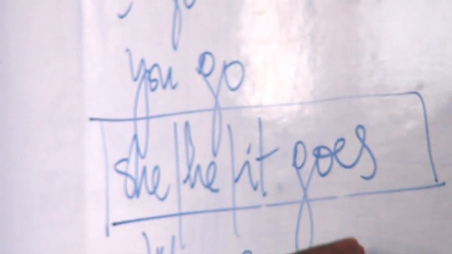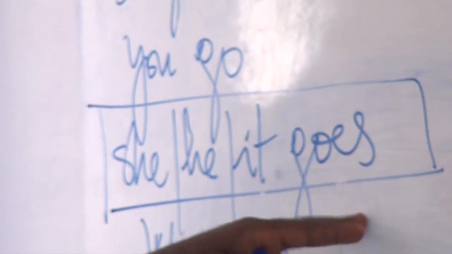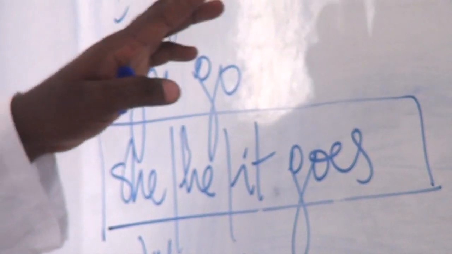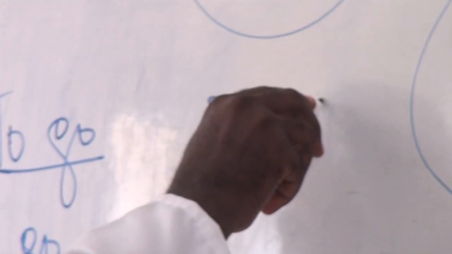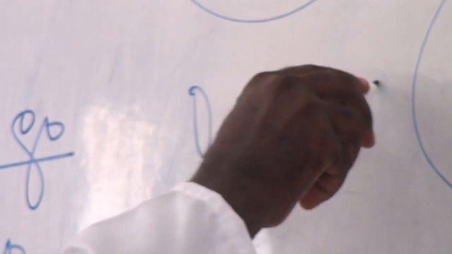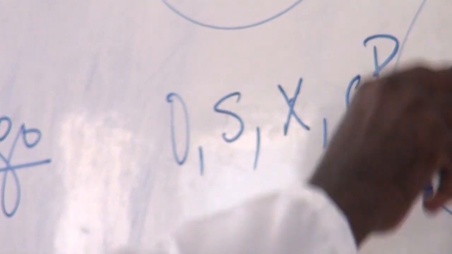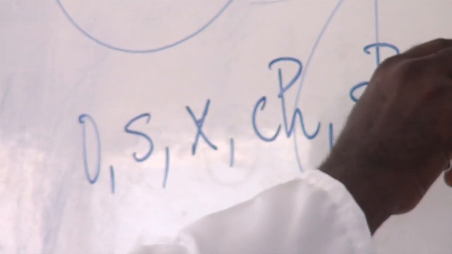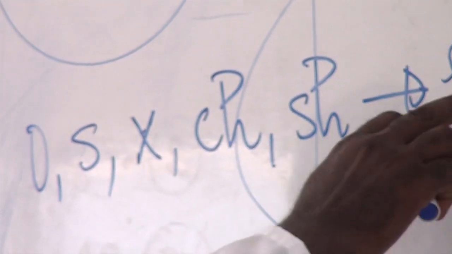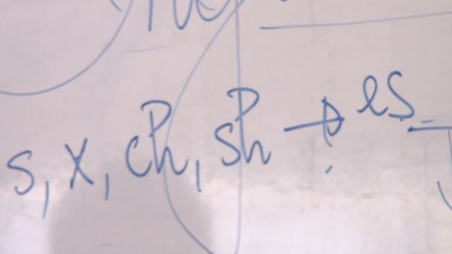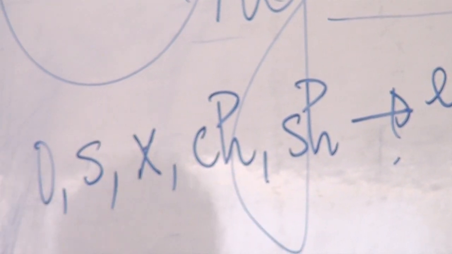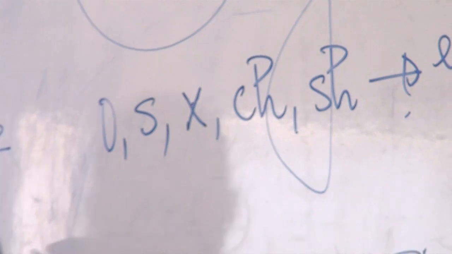Okay. Now, you should note that when you are conjugating a verb that ends with O, S, X, CH, SH, at the third person singular, you add ES. For example, we can have the verb to pass.